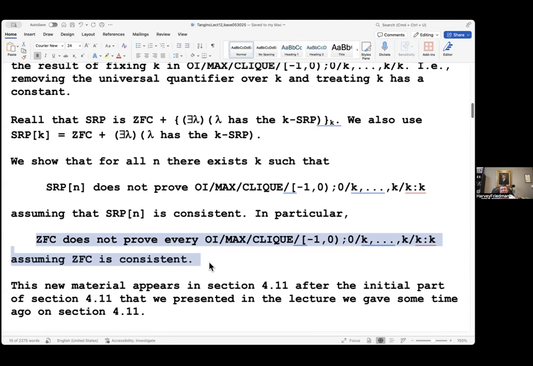Now, I have to say that the reversal that I give says absolutely nothing about how high a dimension I have to go in order for ZFC not to prove it. Nothing.